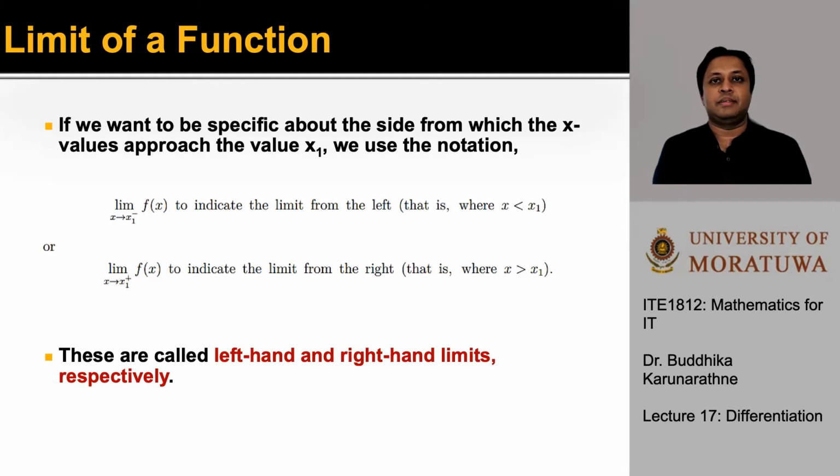So this is applicable when x is less than x1. And we can similarly write for the upper side or the right side where x is greater than x1. So these are called left hand and right hand limits respectively.